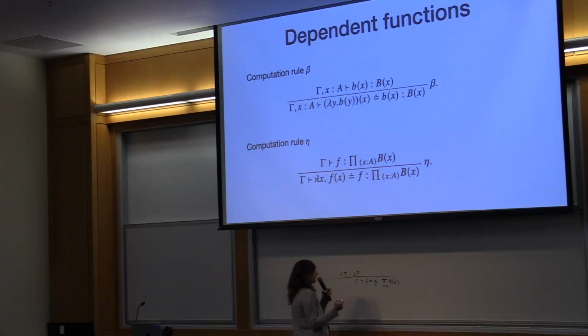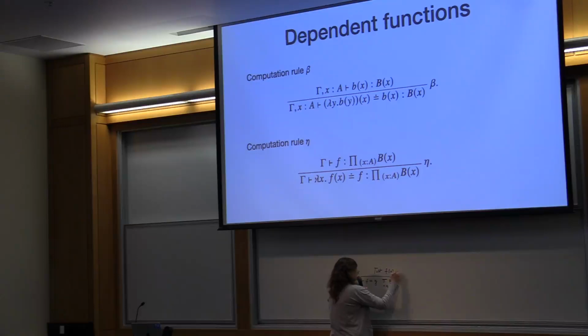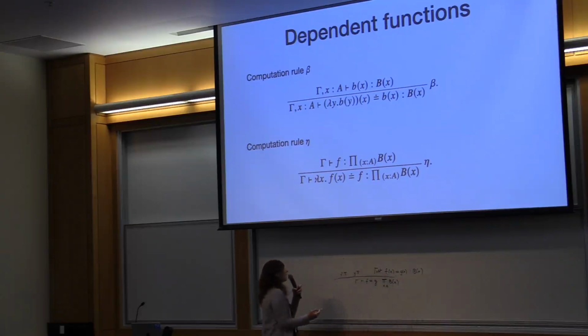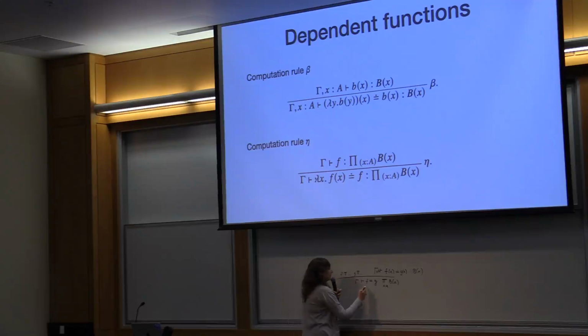But basically what you want to say is, well, they are, in this case, judgmentally equal if they are equal at every point, right? I will get to your question in a second. So what you want to say is, here you want to have a premise that for every x in A, f of x is judgmentally equal to g of x, that's type B of x, right? Then you can say that f and g are equal functions, and we call this an extensionality rule.